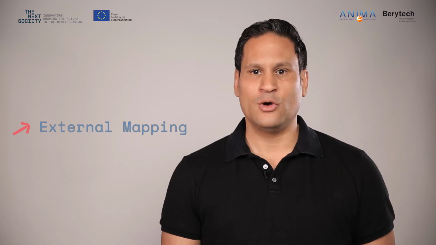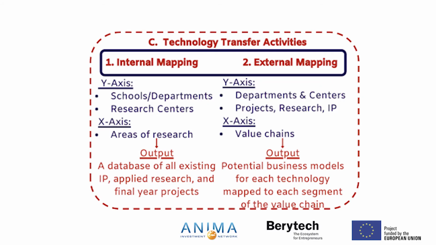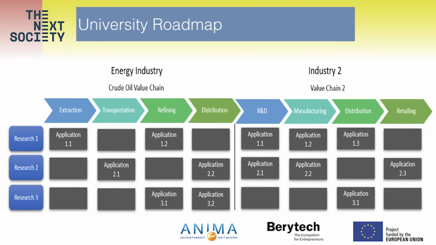Step number 2, which is to do the external mapping, which is to identify various type of applications, various type of business models for each of the identified technologies or projects and to map them to some kind of an industrial value chain. So if you look at this example, what we basically try to do is we pick a particular sector, let's say the oil and gas sector, and we break down this oil and gas sector down its value chain.